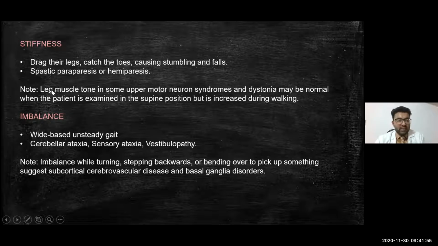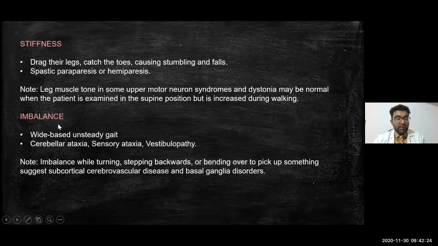There is an interesting thing: leg muscle tone in upper motor neuron syndromes and dystonia may be normal when the patient is examined in a supine position, but is increased during walking. So we have to keep in mind that when the patient complains of something like that and we ask them to lie supine and check muscle tone, sometimes we find a normal tone.